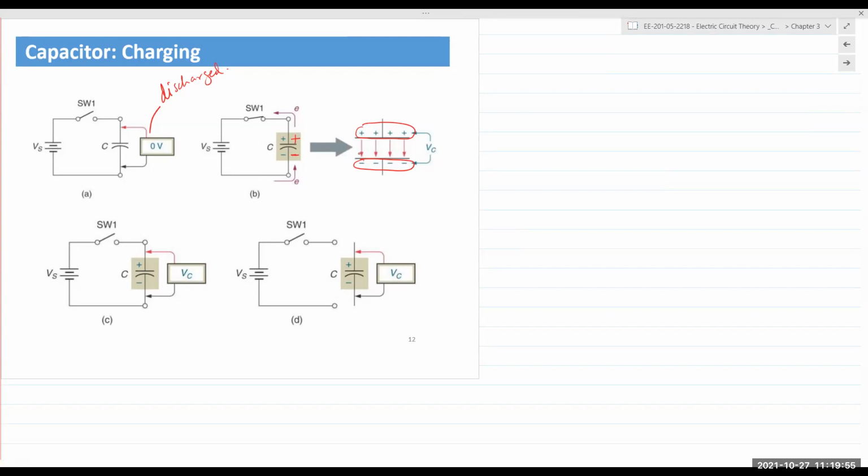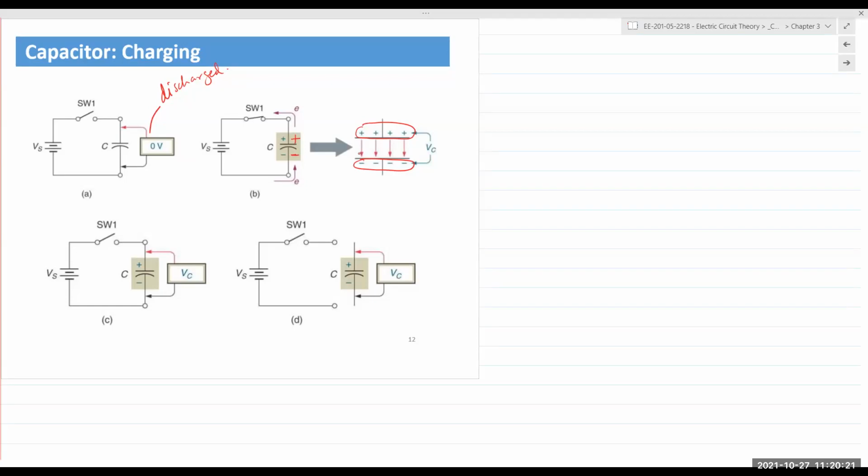Now, electrons are moving, let me see if I get this right. This is moving this way, okay. So electrons are moving this way and they're moving this way, right? So they're moving counterclockwise. Continuously we see that there is movement and flow of electrons. Even though none of them are actually going through the capacitor itself, there's still flow of electrons counterclockwise.